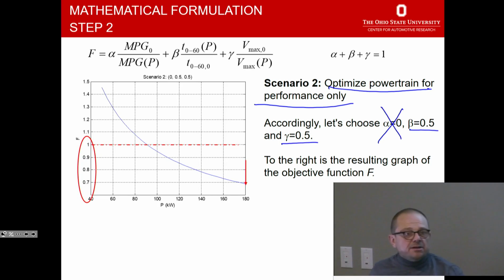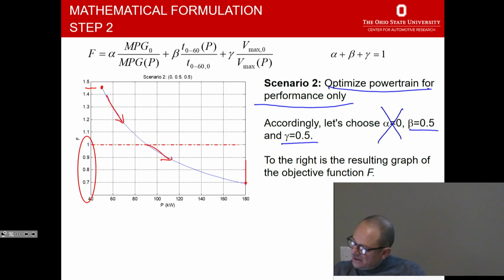Realistically, whether it's 0 to 60 acceleration time or top speed, obviously those are answers that favor a larger engine. And so in fact, if I begin right here with the 50 kilowatt engine, my value of the function is 1.5 or close to it.